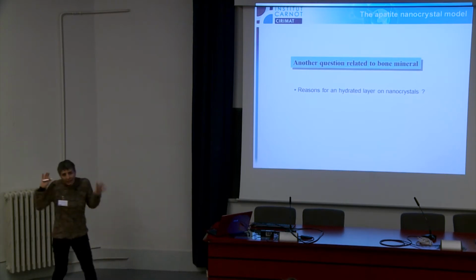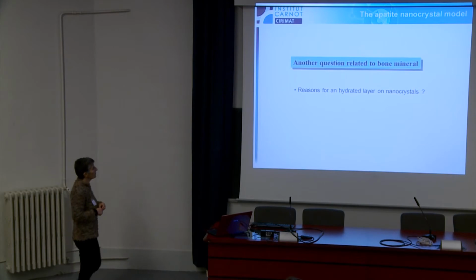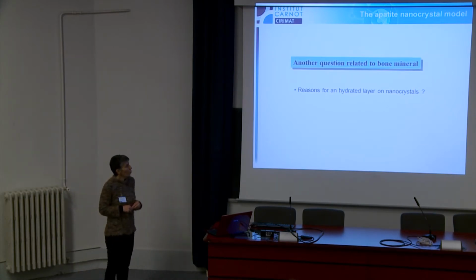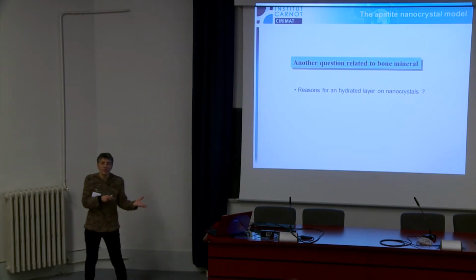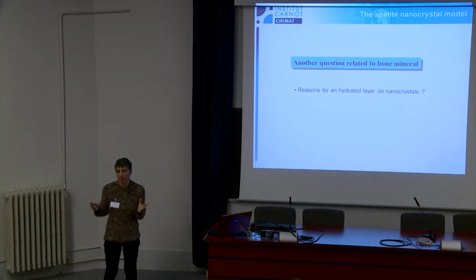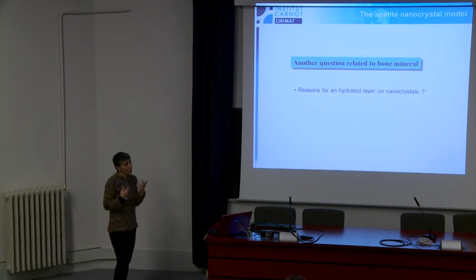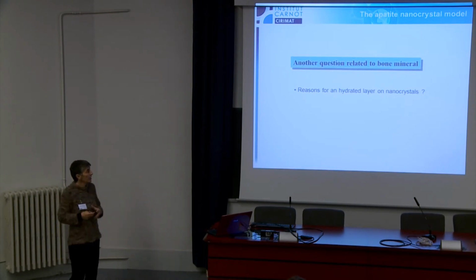So a final question that I would like to talk about with you is, we propose this model involving a surface hydrated layer at the surface of crystals of apatite. But what is the reason for such a hydrated layer in vivo?